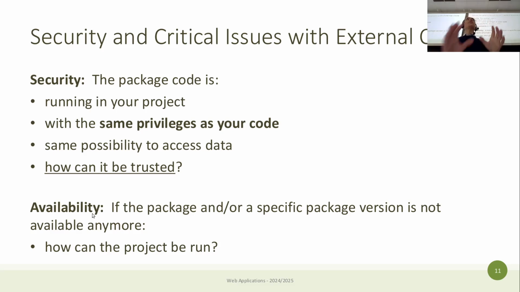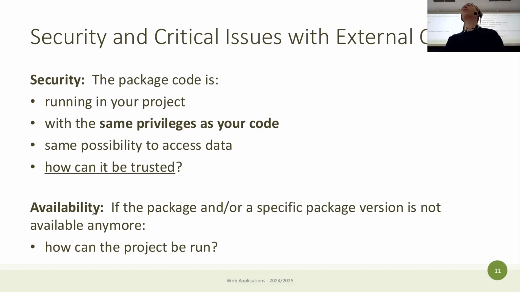Also, your code depends on something external. It's a package that is stored somewhere on the internet. If this package is not available, your code will not work anymore, like if you miss a library when compiling C or C++ code. So there's both a security issue and an availability issue.